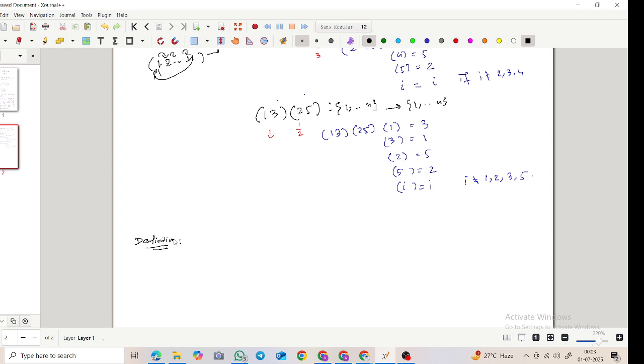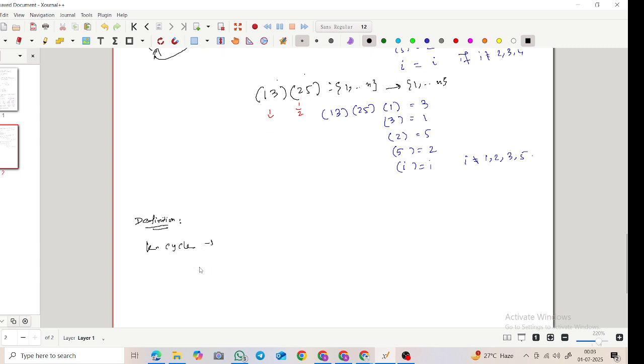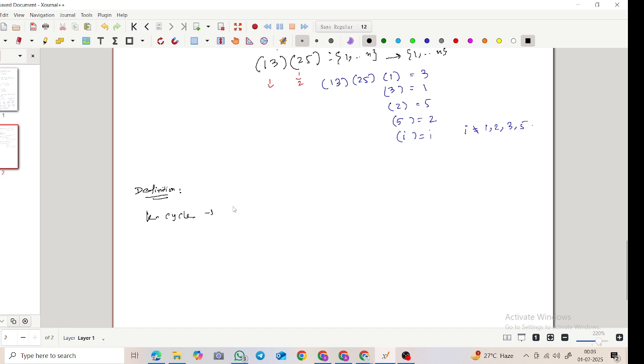Okay. So can you tell me what is a k cycle? In Sn, there are cycles of this form, right?